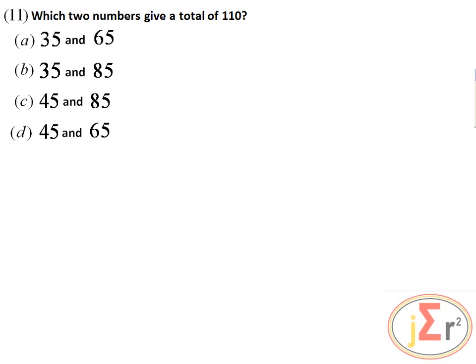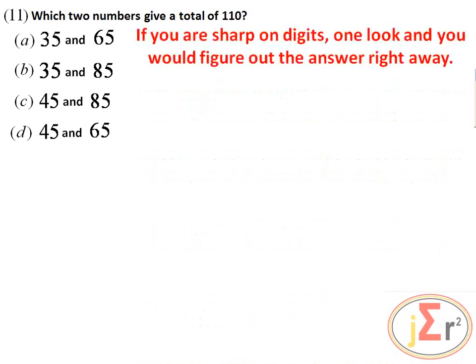But I will demonstrate to you, Jerry, that if you are quite familiar with the digits and which ones are the pairs that add to give 10, then your problem may be greatly simplified. If you are sharp on your digits, one look and you would figure out the answer right away.